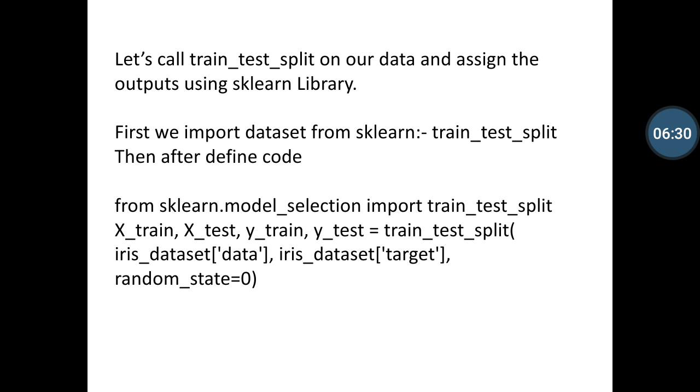The name of the function is train_test_split. Then we define the code in the source code area of our previously displayed Spyder tool.